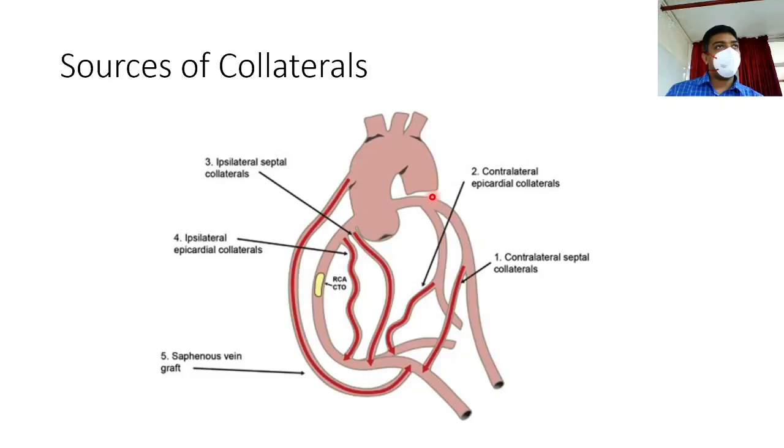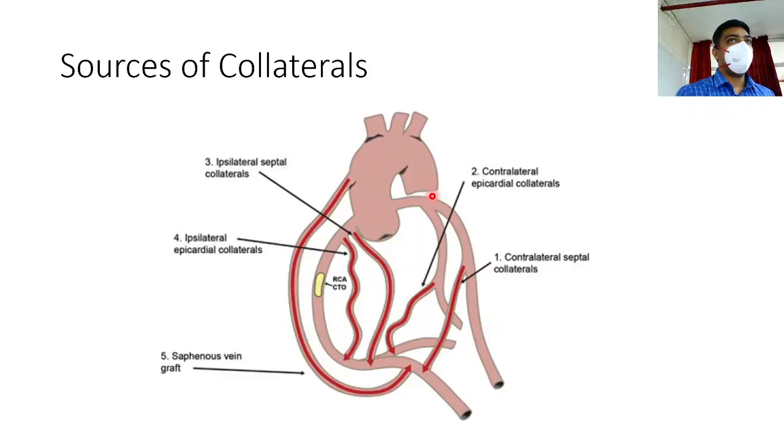Septal collateral means a straight and large vessel. Not always straight, just like the LAD septal. There are branches. That is why it is the safest. If you go through an epicardial collateral and perforate, you will produce tamponade.